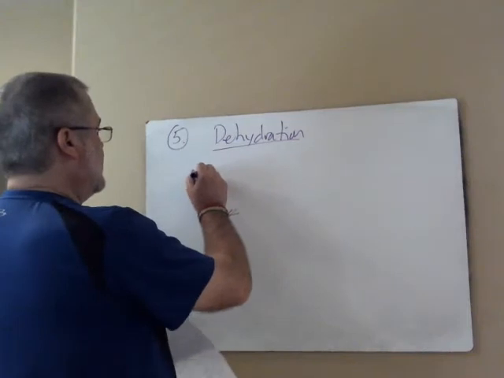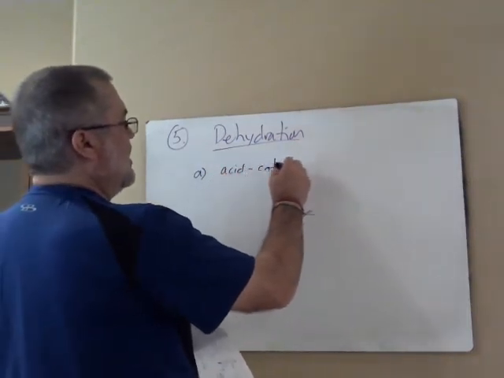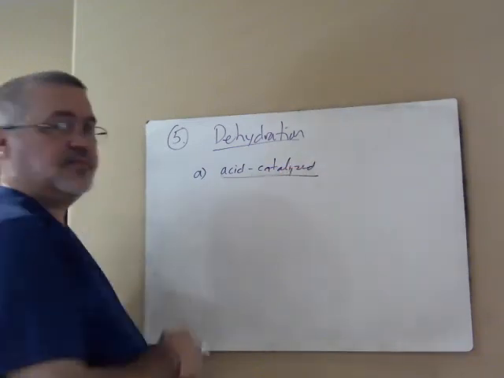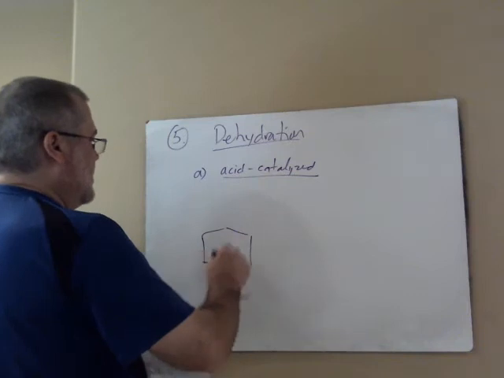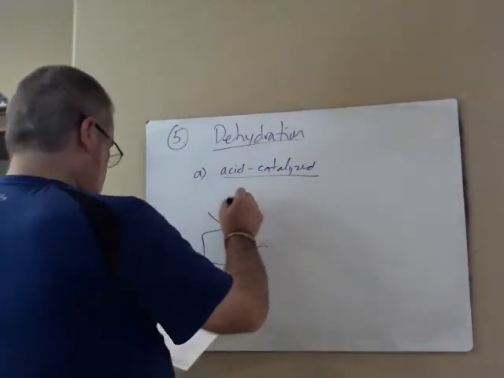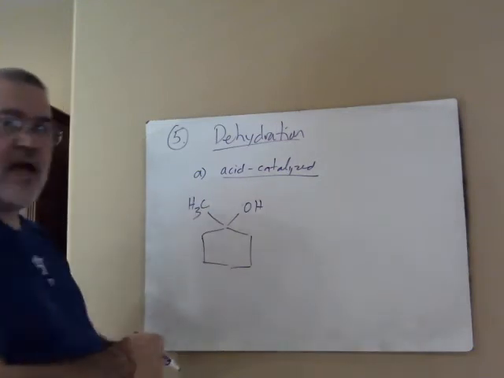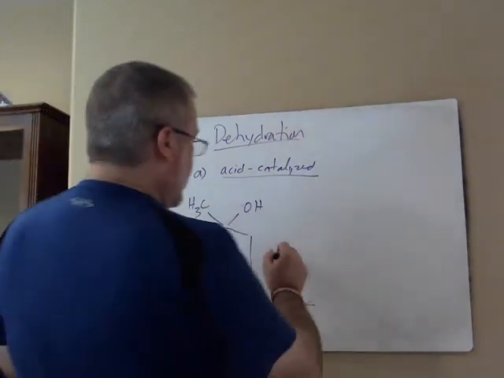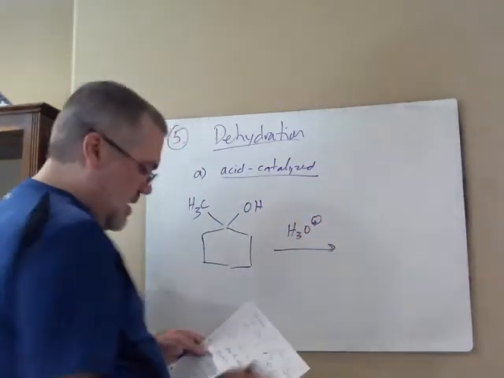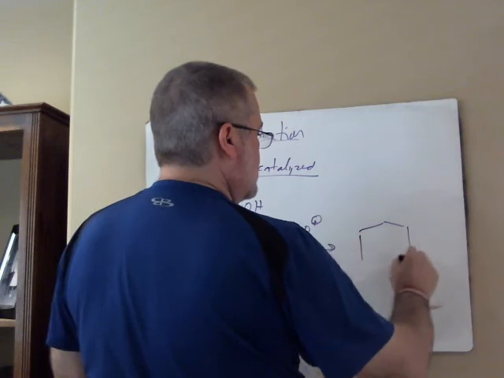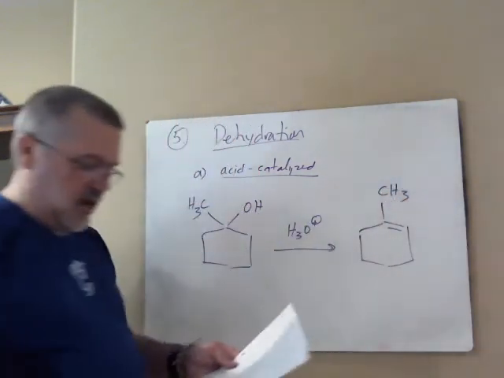Well, one way you can do this is in an acid catalyzed reaction. And that's where you have something like this, an alcohol, and I'm going to treat it with H3O plus, and it's going to give me the alkene.